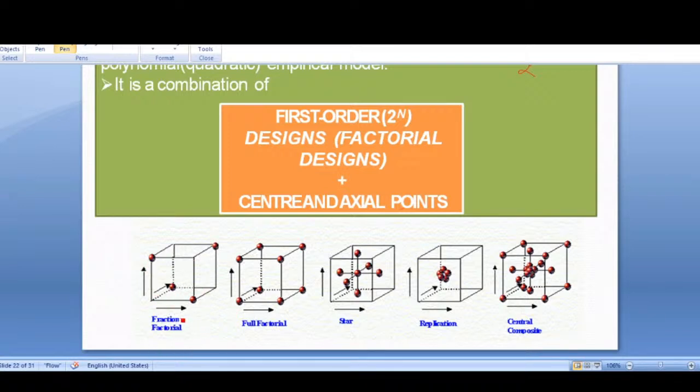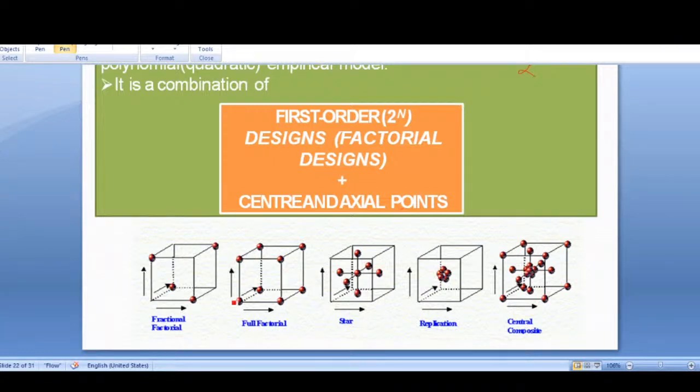First one is the fractional factorial design. Fractional means it is very small. You have to consider a small number of factors only, meaning a small number of runs. If you want to run a small number of experiments, you have to choose the fractional factorial design.